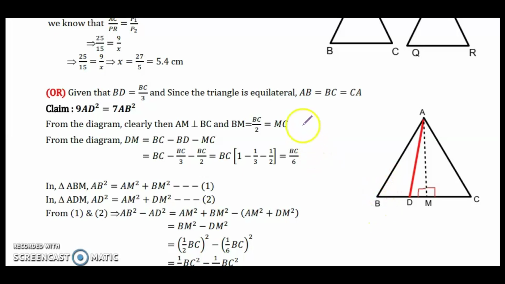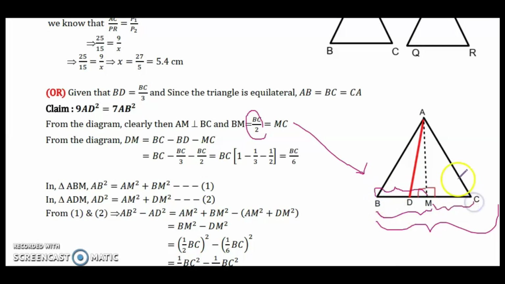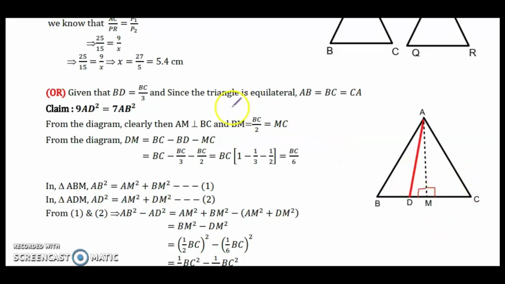BM equal to the full length BC divided by 2. Ultimately, since it is an equilateral triangle, BM equal to MC, right?